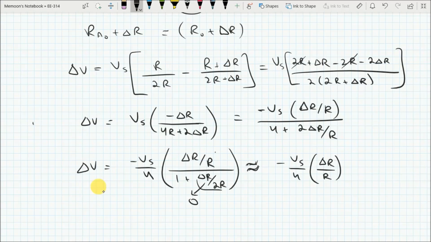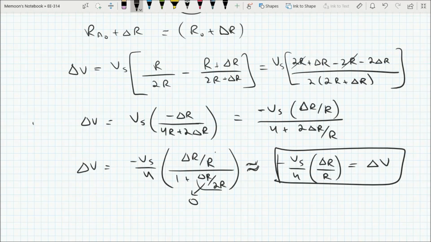This will be our final relation for delta V. So a change in resistance of delta R due to a change in length of delta L will result in a change in voltage delta V that is related to each other with this expression.